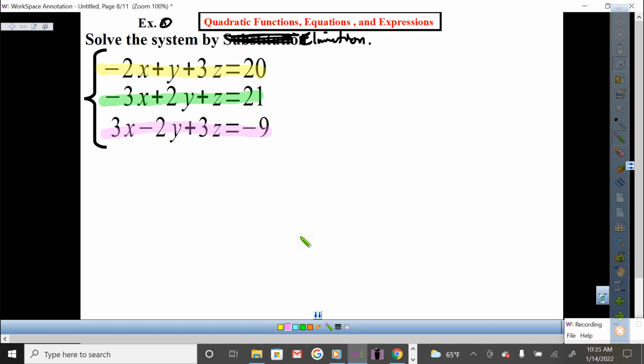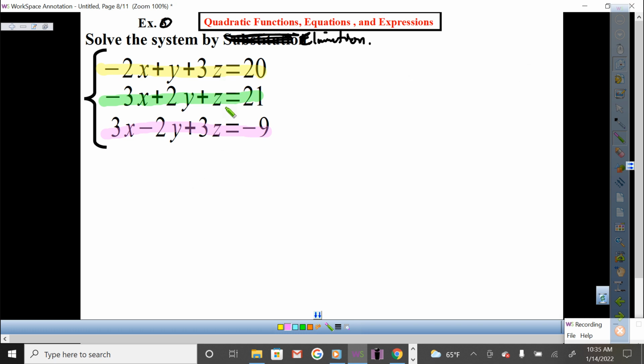Question. In this case, do we have any one that looks easier than the other? Not really. So at this point, you can pick two that are going to be side by side and one of them that has to be under each of the ones that we wrote side by side. So my question to you, which ones do you want side by side?